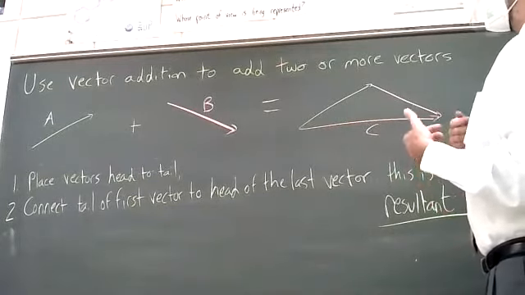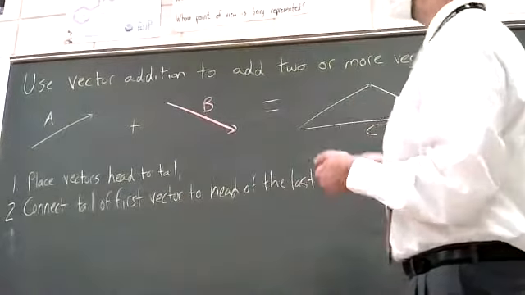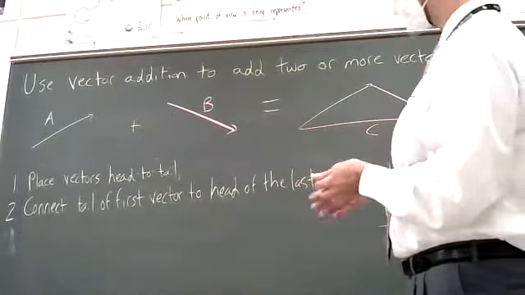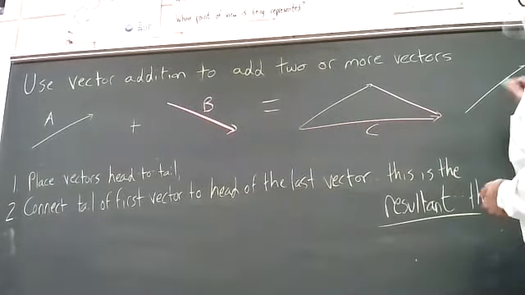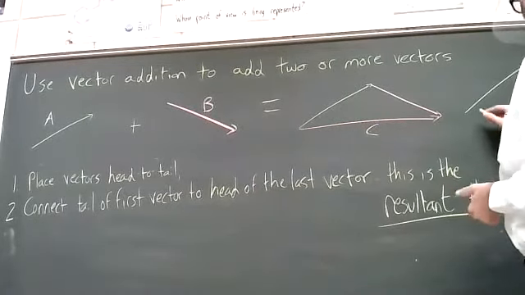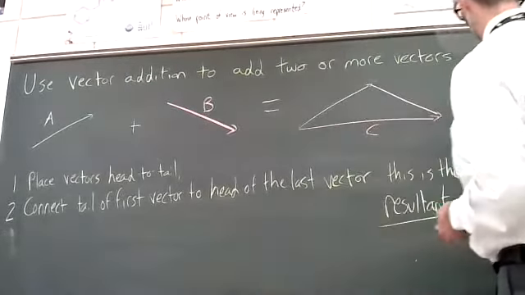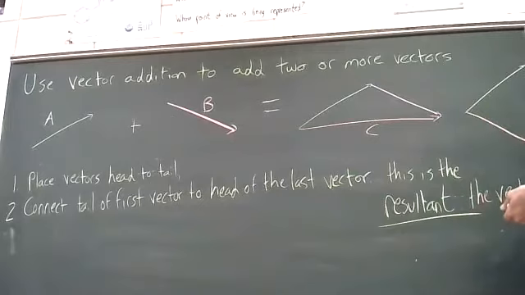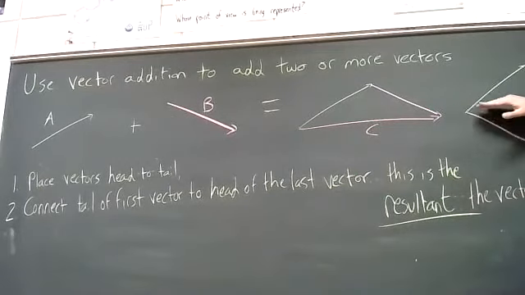The other way to add vectors is to put them tail to tail. And then you connect the diagonal, okay?